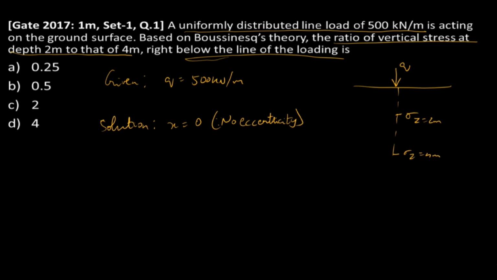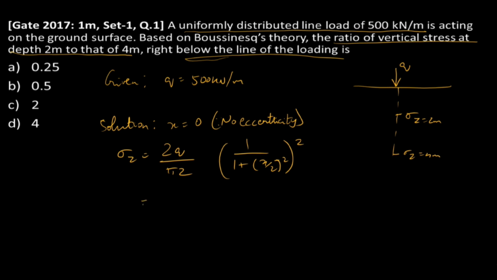It means they are asking us to find out the vertical stress just below the line load. So we are taking x is equal to 0. According to Boussinesq's theory, the equation of stress under line load is given by sigma z is equal to 2q divided by pi z into 1 by 1 plus x by z the whole square, again the whole square.